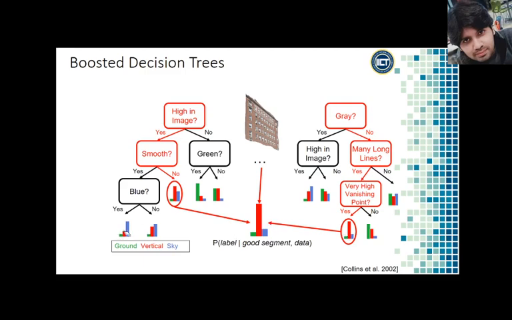So in this case, it is a clear distinction that this will label blue, which is the sky. This is a clear distinction that it will label as green, which is ground, and this needs to be trained more to make it a good classifier for classifying vertical.